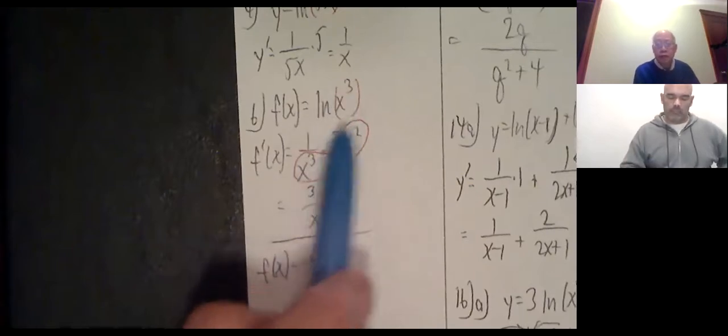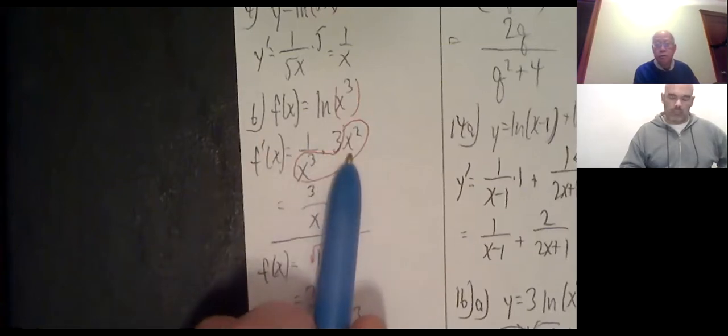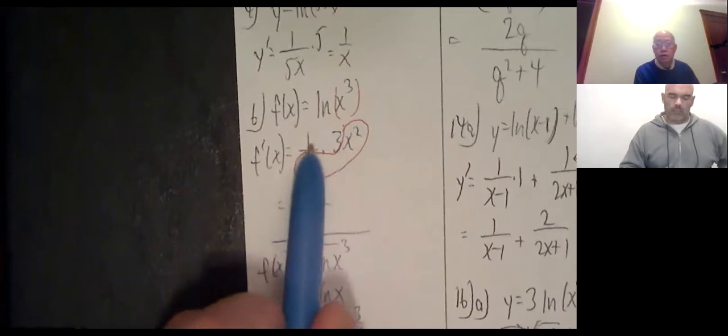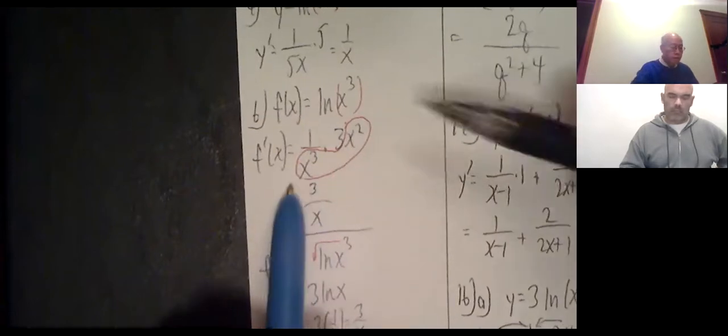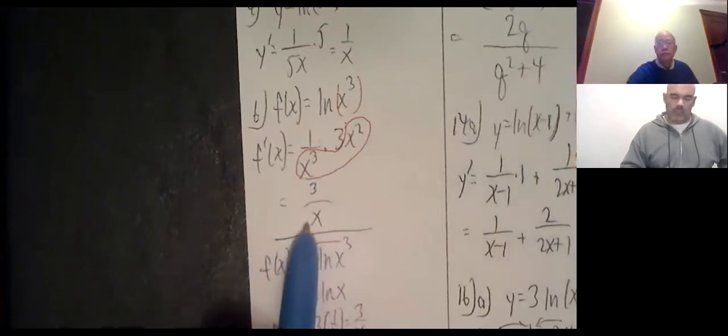Then by the chain rule, it's times the derivative of x cubed, which we know is 3x squared. So I have 3x squared divided by x cubed. You can cancel the x squared with 2 of these, but there's still going to be 1 left over in the bottom, so 3 over x. So the answer is 3 over x by the harder method.